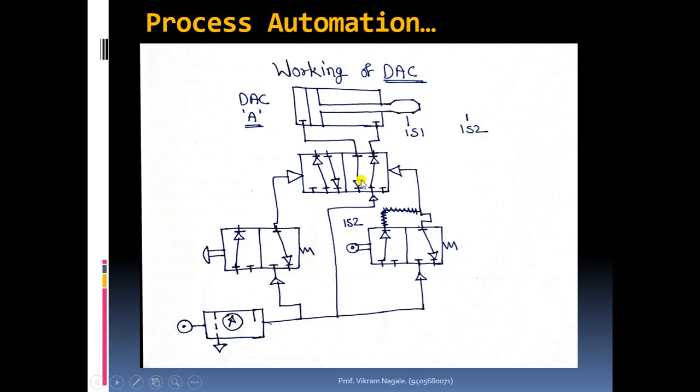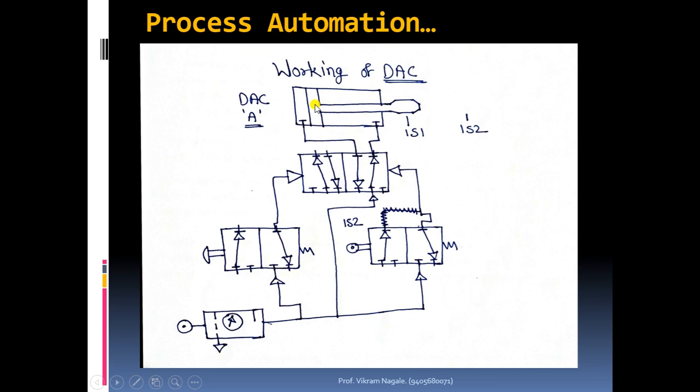Whenever this right side block is active, the air coming at port 1 of this 5 by 2 valve will go to the output side at port 2, and since this port is connected to the right side, it will send air on the right hand side of the piston.